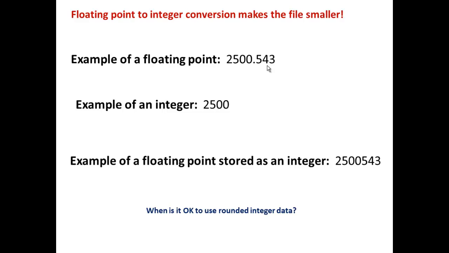For example, if you were computing the temperature of Lake Champlain and your data was in degrees Celsius, there'd be a big difference between 20.1 degrees and 20.9 degrees. You definitely would not want to store that data as an integer because you'd be losing a lot of information. So you've got to be careful about when it's okay to convert to integer, and you don't want to do it all the time. But in this case, we have really big files, so we're going to go ahead and convert them to integer.